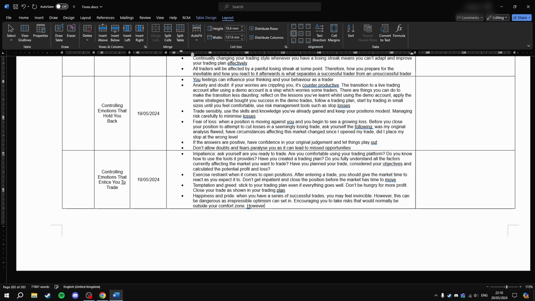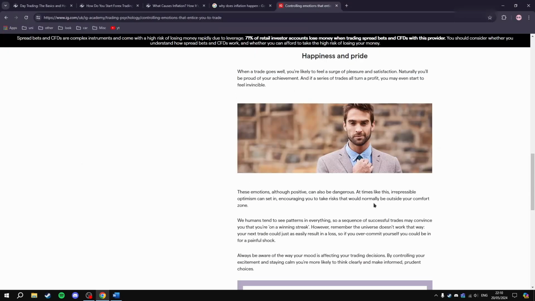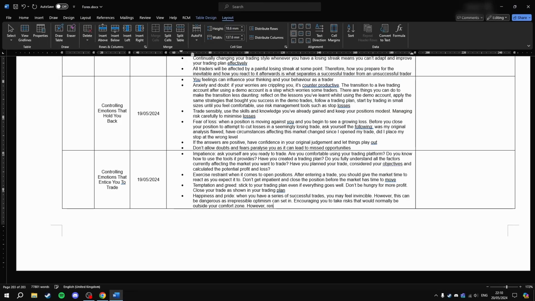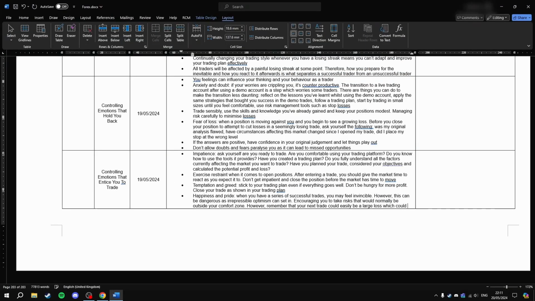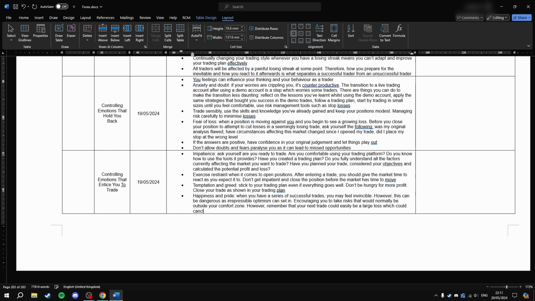However, remember that your next trade could easily be a large loss, which could cancel out all your profits beforehand.